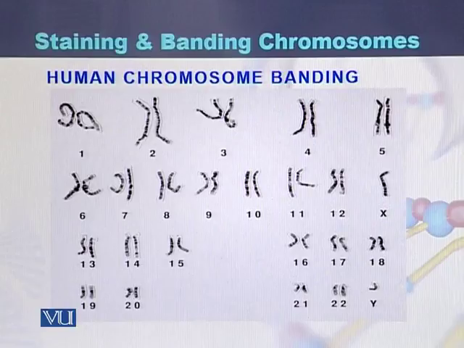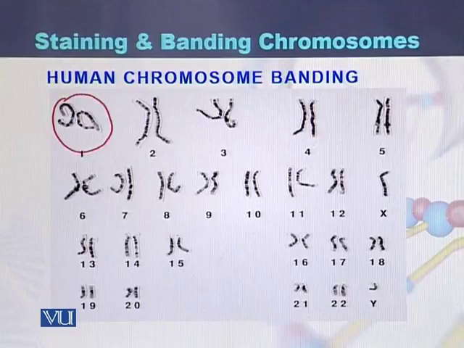Here is the banding pattern of human chromosomes. We can see that all the homologous chromosomes which are present in a diploid cell have been arranged. This is the pair of chromosome 1, then chromosome 2 and so on.